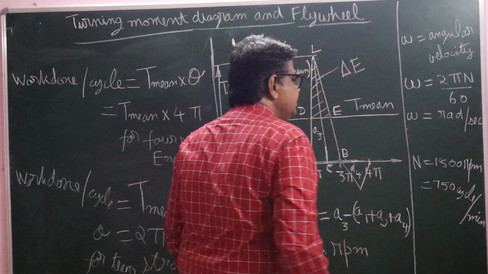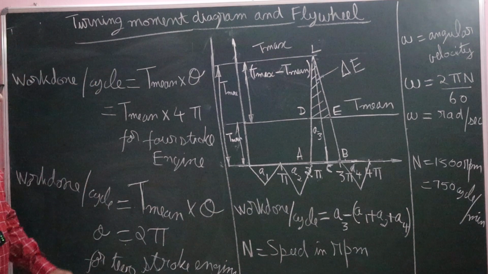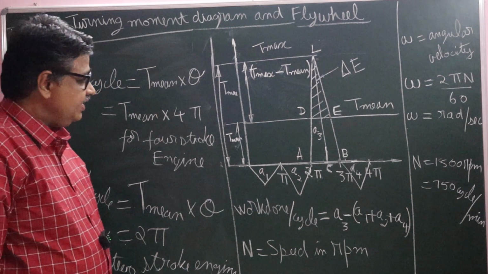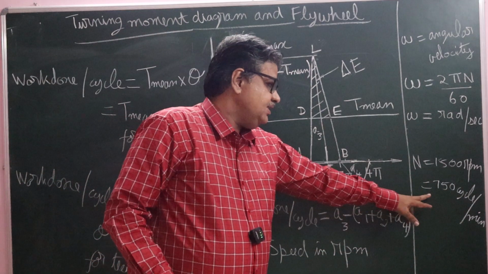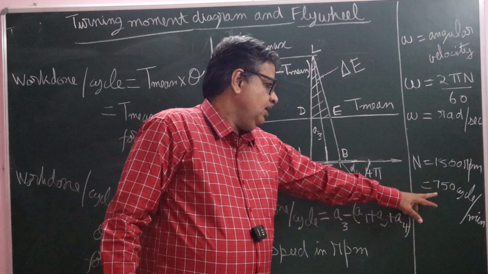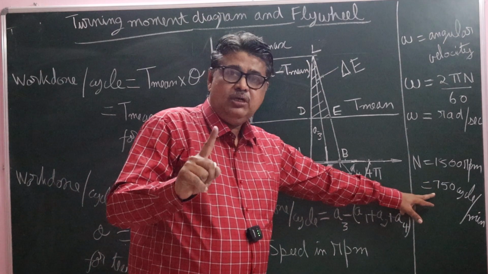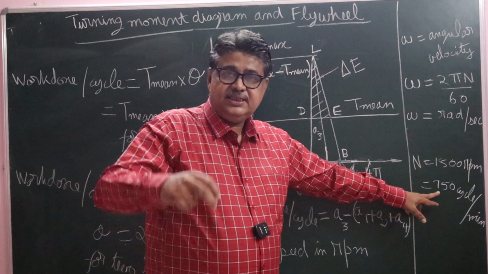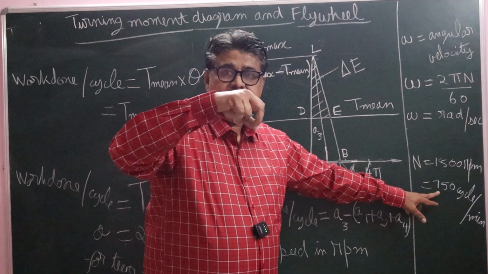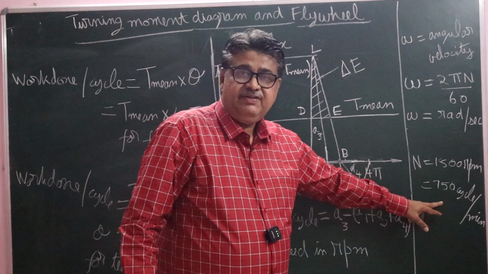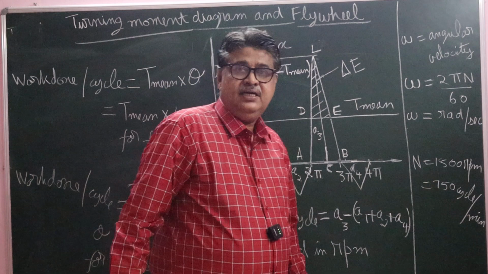If the engine runs at 1500 RPM, there are 750 cycles per minute. Every cycle constitutes 4 strokes, 2 revolutions, and in every 4 strokes, 1 power stroke. Therefore, the engine fires 750 times per minute.